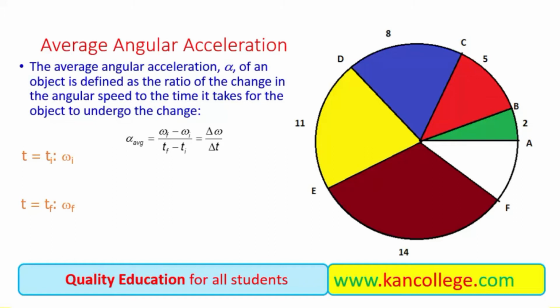For example, if someone says that a body has an acceleration of 5 degrees per second squared, it means that the body is increasing its angular speed by 5 degrees per second in every second.